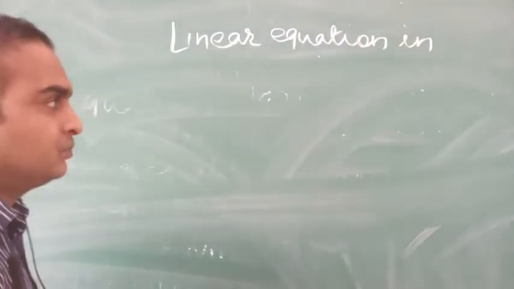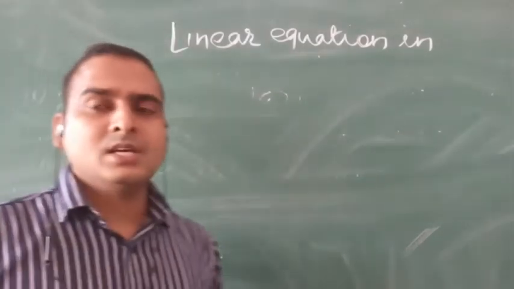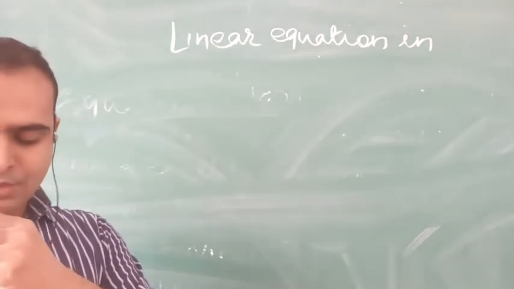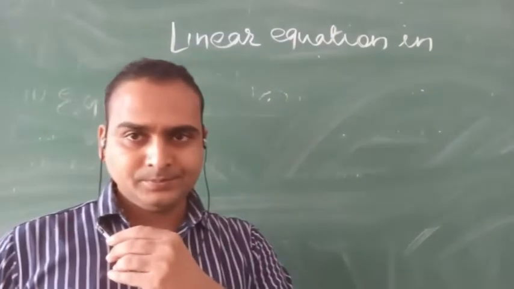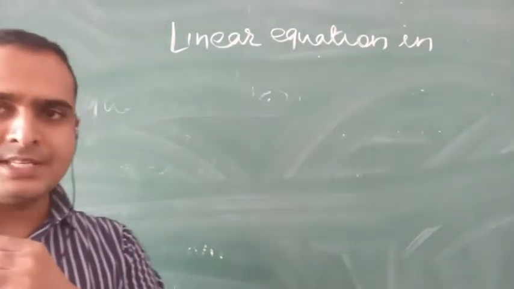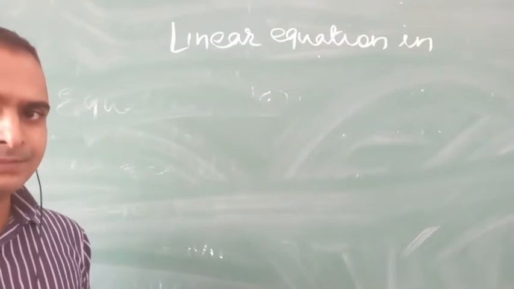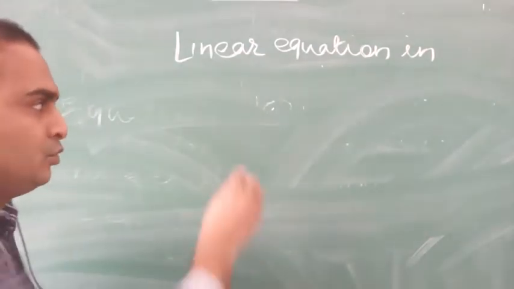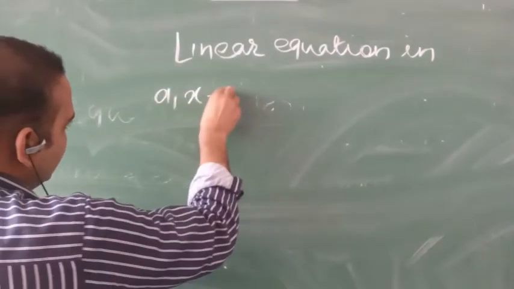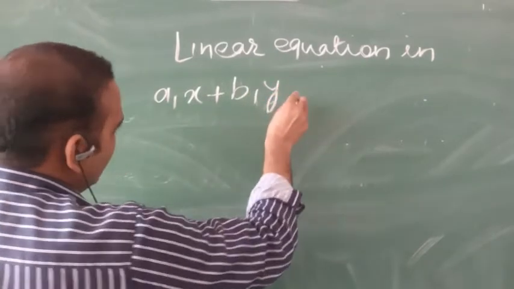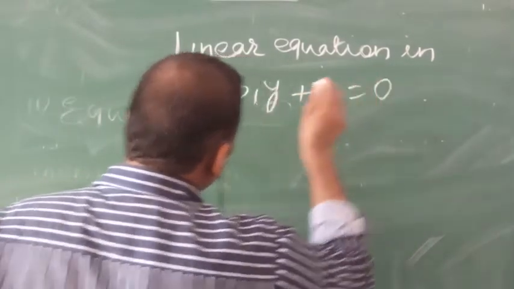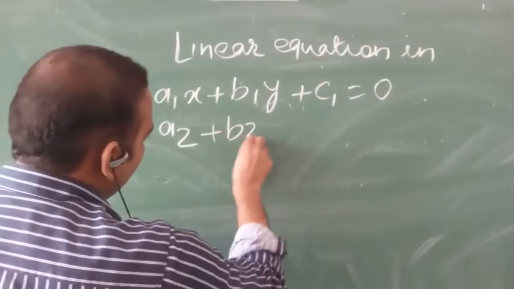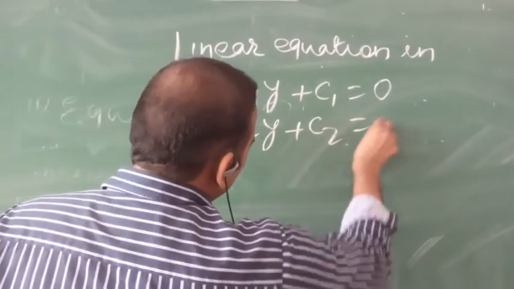After this, if 2 linear equations in 2 variables are given, say the first equation a1x plus b1y plus c1 is equal to 0, and simultaneously the second equation a2x plus b2y plus c2 equal to 0.